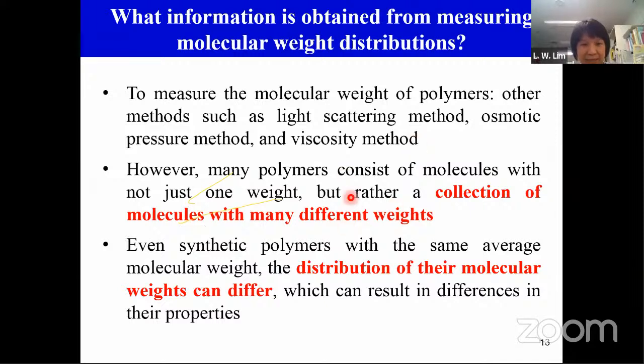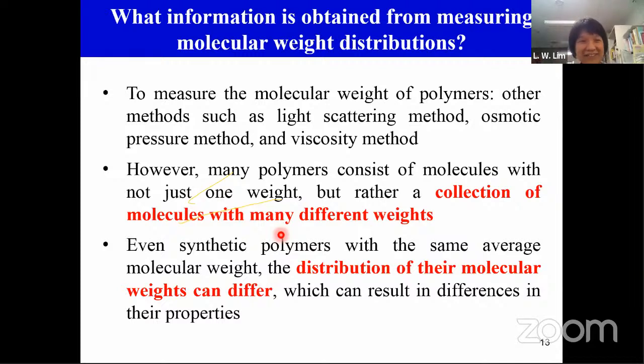Normally, there are so many synthetic polymers in the market. The polymers do not consist of just one weight. It's a collection of different weights. Even with a synthetic polymer, when you want to buy something, the bottle says an average size, how much molecular weight.